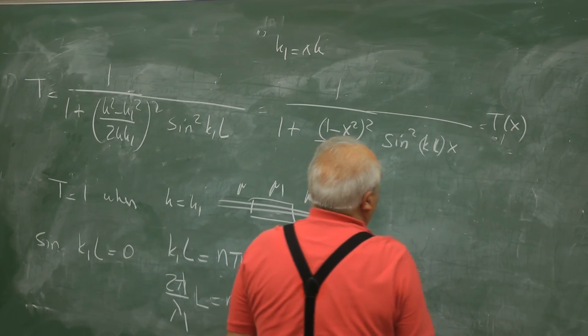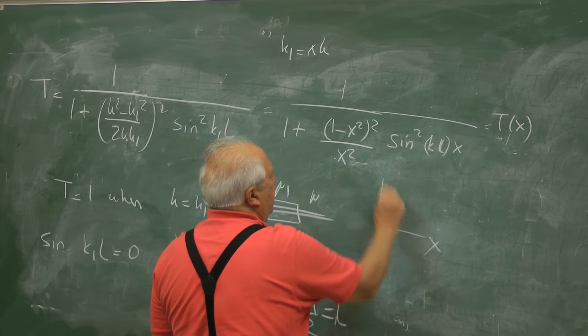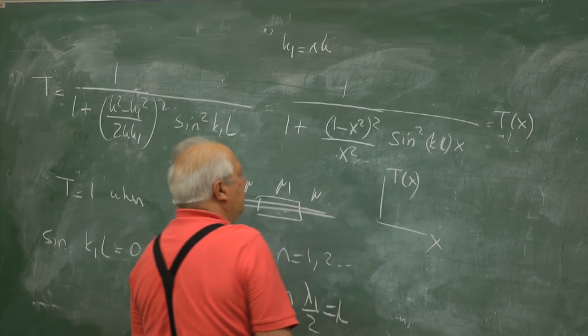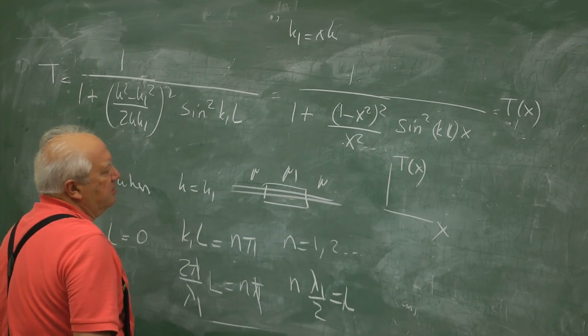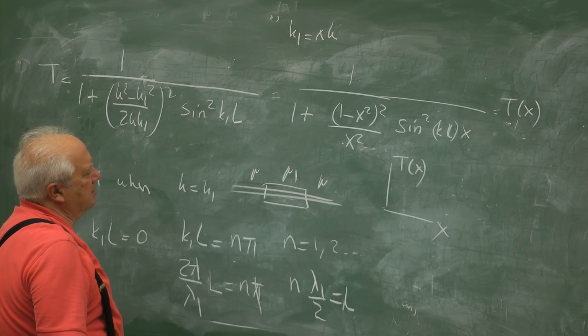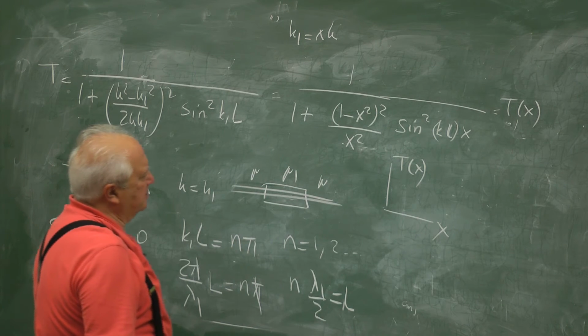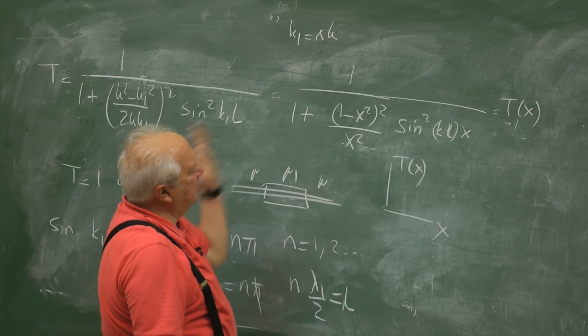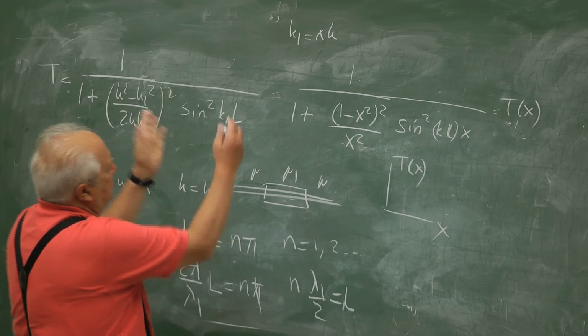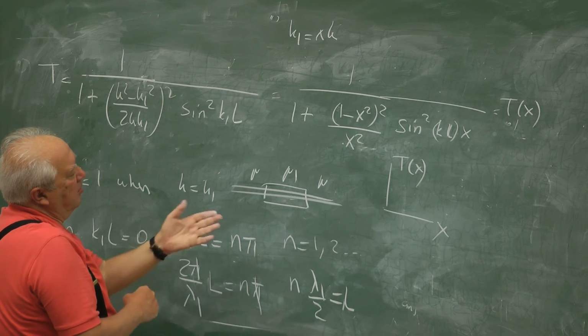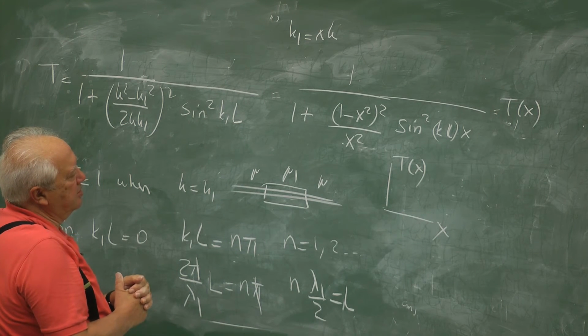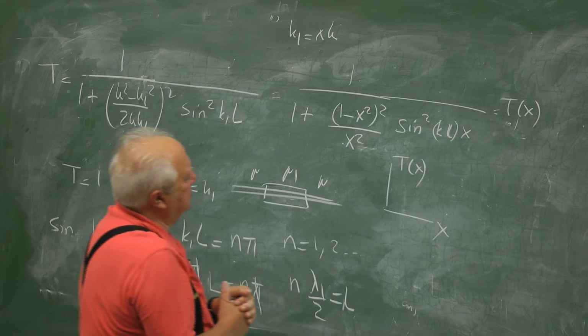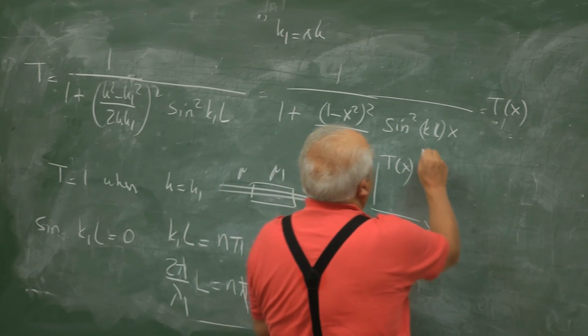T of x. So we may try to plot x with respect to T of x, but let's have a qualitative understanding of it. When x equals 1, that means K1 is equal to K, no reflection, and in fact, no problem. We have a unity there for the transmission coefficient. And let's take a value for KL.